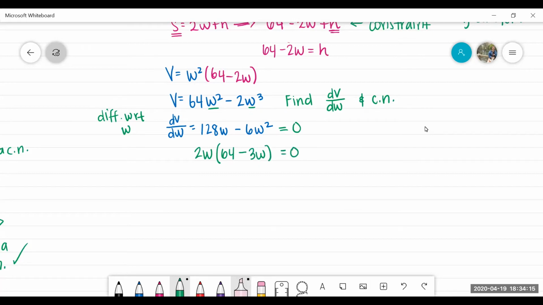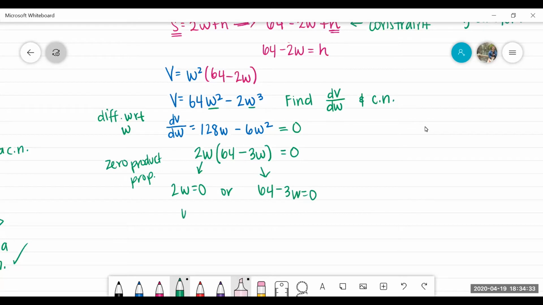So according to the zero product property, we get 2w is equal to 0, or 64 minus 3w is equal to 0.